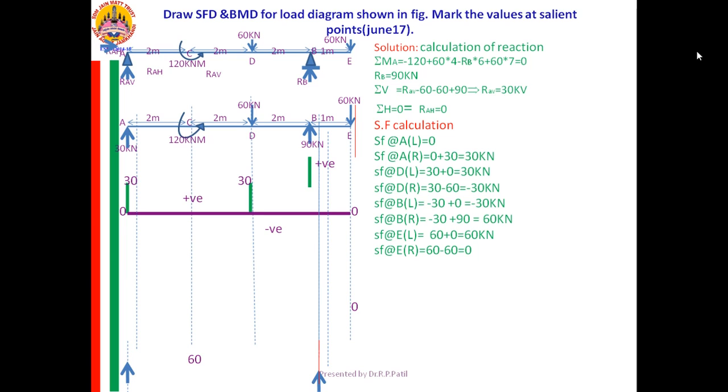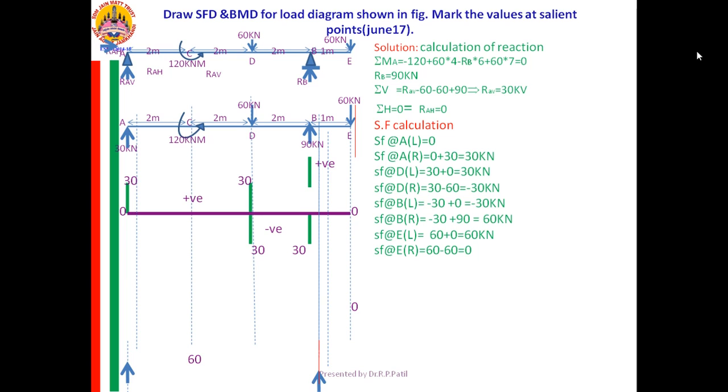From there I am going to D right. Just see what is SF at D right. Minus 30. It is to be drawn below the line. Then we are going for the SF at B left. SF at B left is minus 30. You draw there a line below the 0 line of 30 kilonewton.